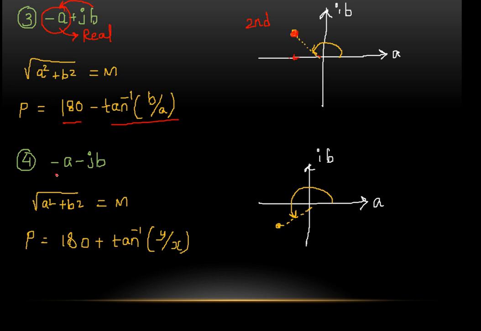Similarly, if you have the complex function minus a minus jb, minus a on this side and minus jb here, the point will be in the third quadrant. The magnitude will be the square root of a square plus b square, and the phase will be 180 plus tan inverse of b by a.